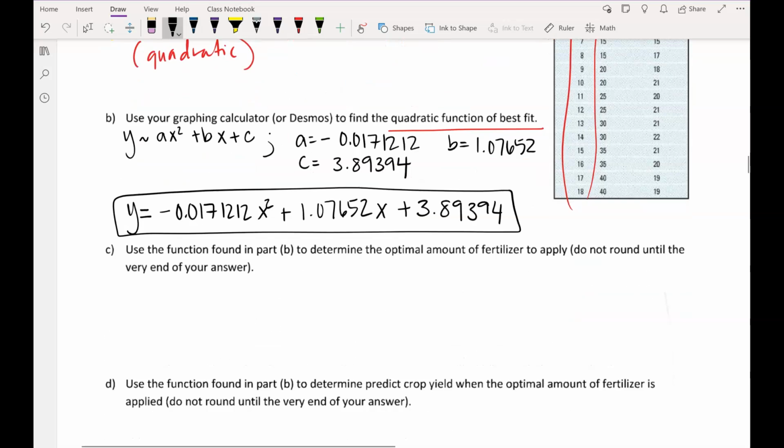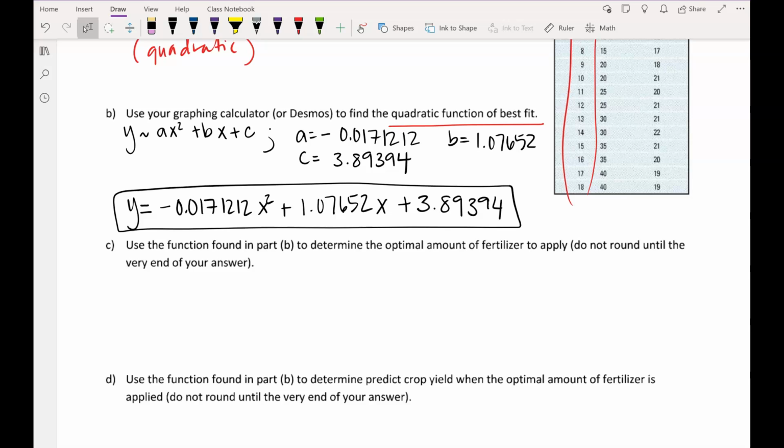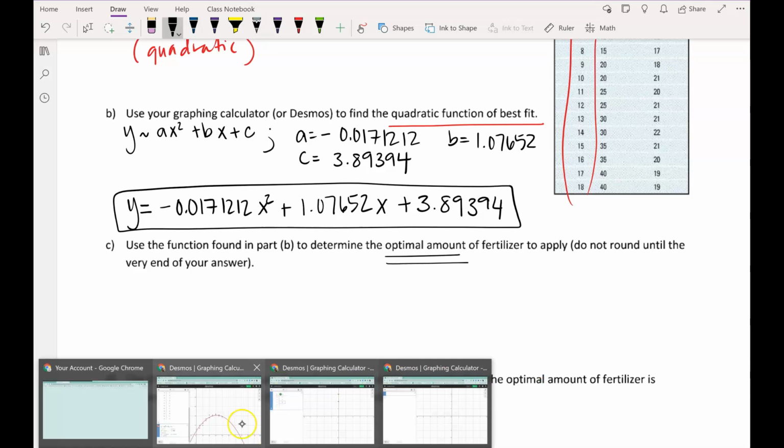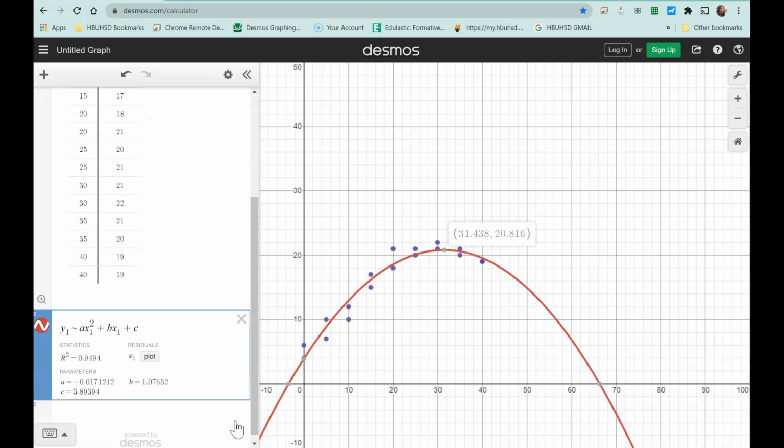Part C, use a function found in Part B to determine the optimal amount, okay? Again, optimal means the best of fertilizer to apply. Do not round until the very end. So we're gonna go back to our decimals and we want to see what the maximum amount is. Optimal means either the best, means it's a max or min.